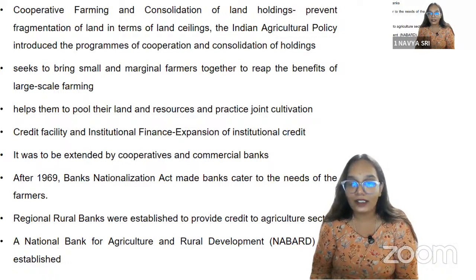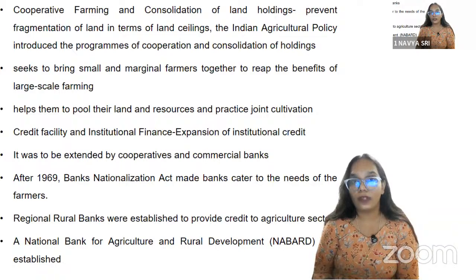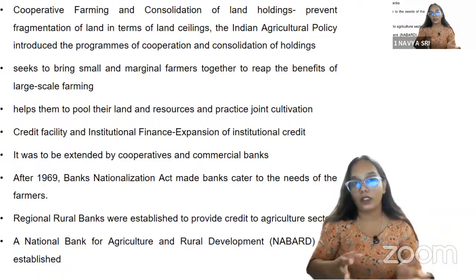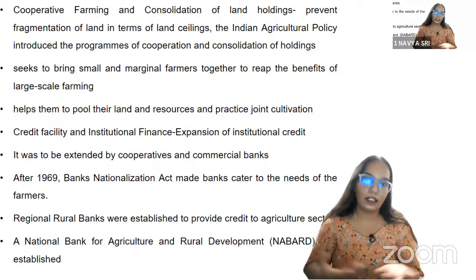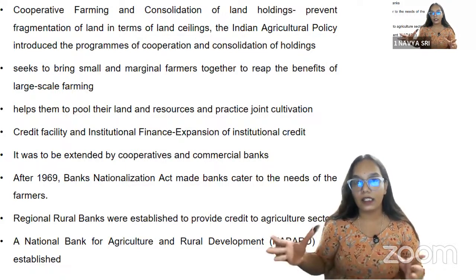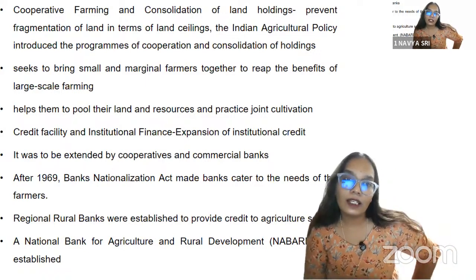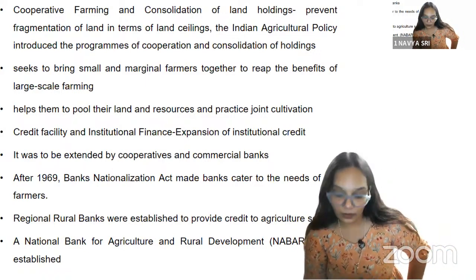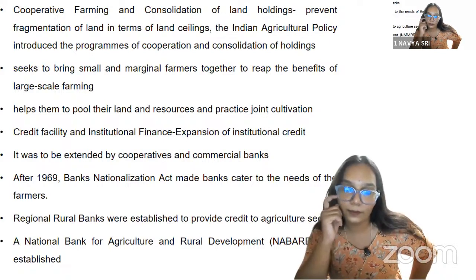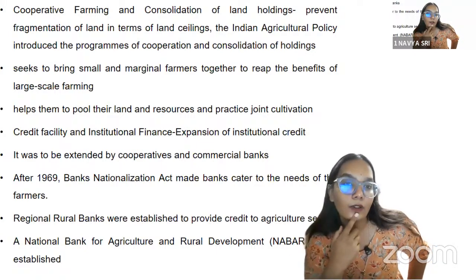What happens in joint cultivation? See, suppose we talk from the perspective of joint family and small family. Not that I'm supporting joint family or small family, but here we are talking about joint cultivation. But as a better example, in joint families or in nuclear families, if there are 4 or 8 people living in a joint family, the income would be divided among them, or the resources, or the house rent they have to pay would be divided among everybody else.